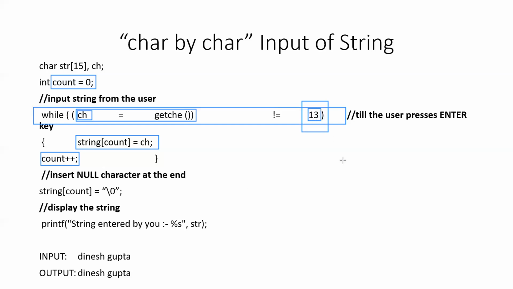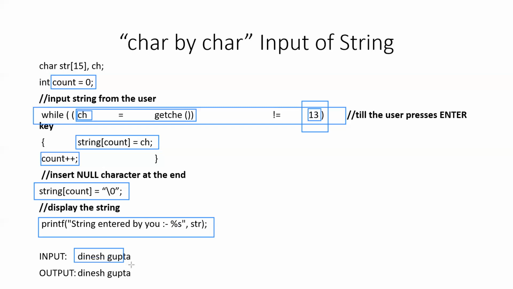Once the user presses the enter key, this loop will terminate, and then the program manually inserts the null character at the end of the string. Now the string has been successfully stored in the string variable, and then you can display the value of the string. So let's have a look at the output.